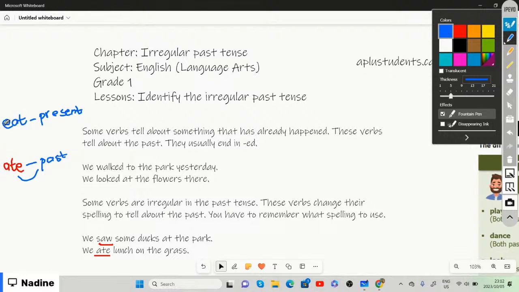And eat is something that you're doing now. So as you can see, the wording changed from eat to ate. So the verb changed its spelling to tell us about the past. You are just going to have to remember what spelling to use.